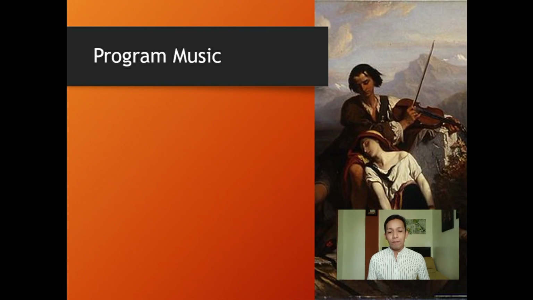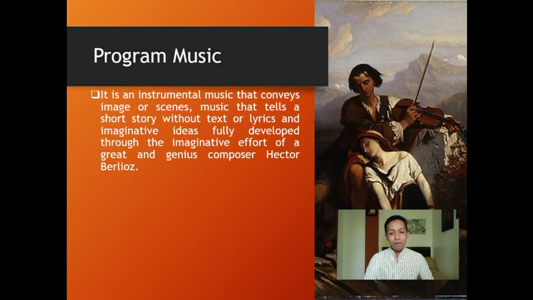Earlier, we discussed the prominence of violin and string music, and second is the piano music, and we will now proceed to the most important form of music during the Romantic period, which is program music. Program music is instrumental music that conveys images or scenes, music that tells a short story without text or lyrics, with imaginative ideas fully developed through the effort of a great and genius composer.